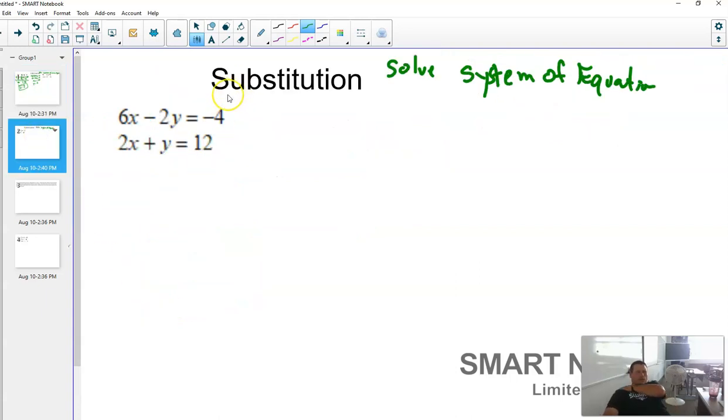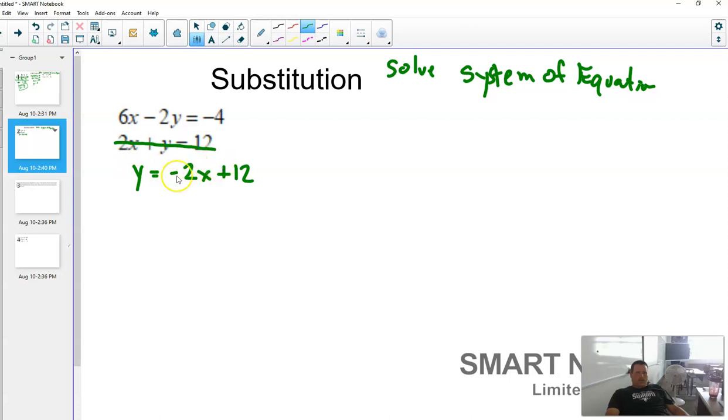But in substitution, what I want to do is get one of the variables by itself. So if I look at this bottom one, this one's nice because all I have to do is minus this 2x over, and y will be by itself. So this would be y equals negative 2x plus 12 instead of this equation right here.